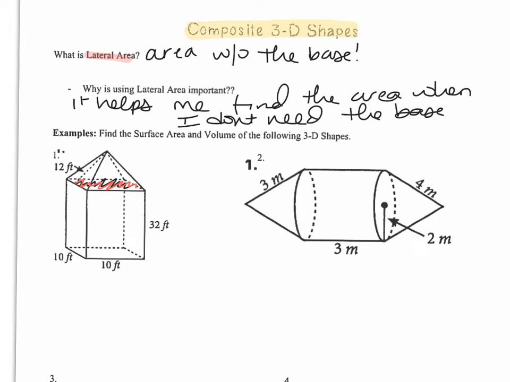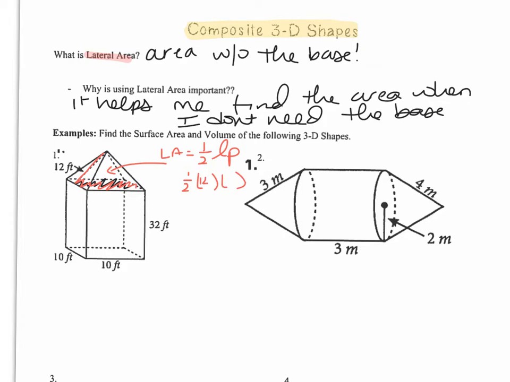Okay, so not all formulas have lateral area. If you take a look at your formula sheet, for a pyramid I do have the formula for lateral area. So I'm going to find the lateral area here. The formula is 1/2 LP. L is the slant height of my pyramid, which is 12.